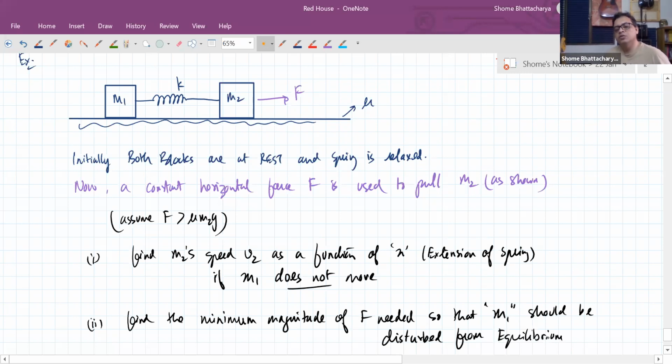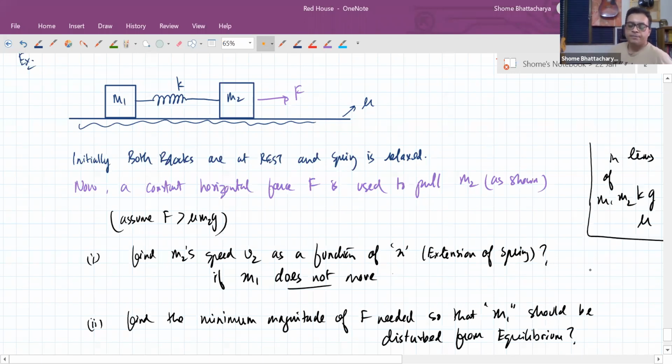We want that M1 should not remain stationary, it should get disturbed from equilibrium. And what is the minimum value of the magnitude of the force we require? You should get all your answers in terms of the quantities given. So both the answers will be in terms of M1, M2, K, G and mu, in terms of these parameters. Just try this out, people.